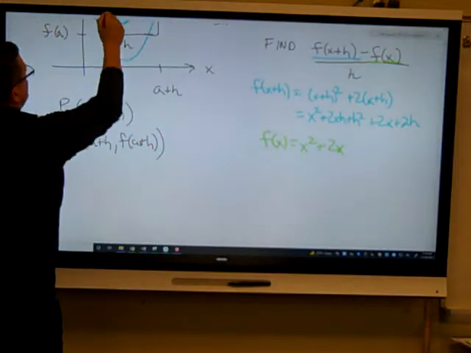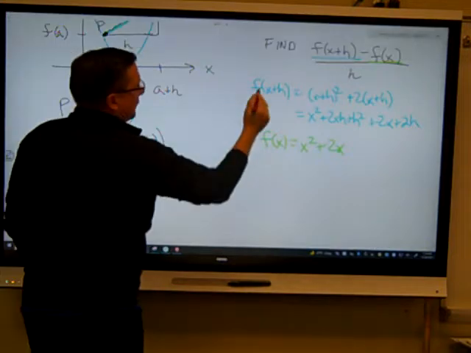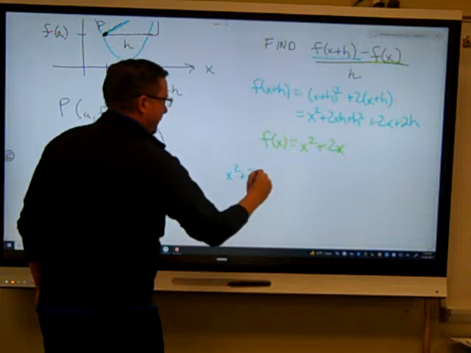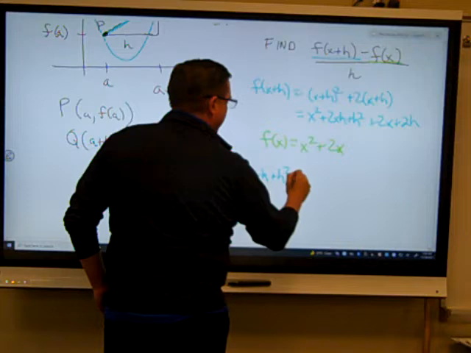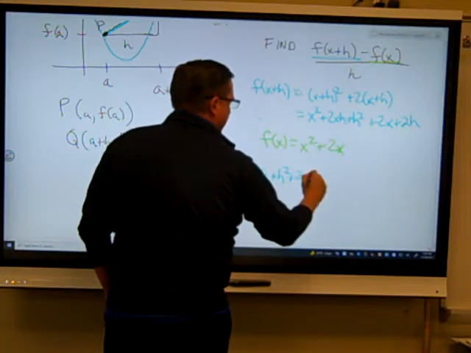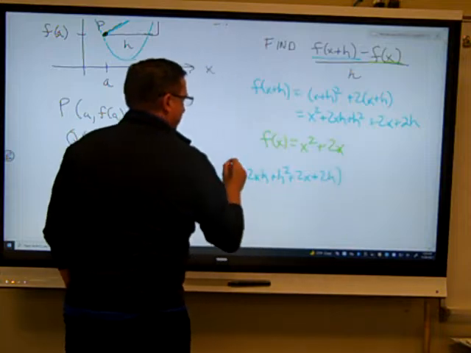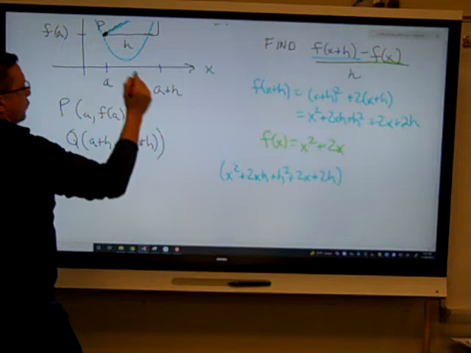All right? So I'm going to try to keep the colors here. So I'm going to write x squared plus 2xh plus h squared plus 2x plus 2h. I'm going to put in parentheses for a second because when I do the subtraction, we got to be really careful here.